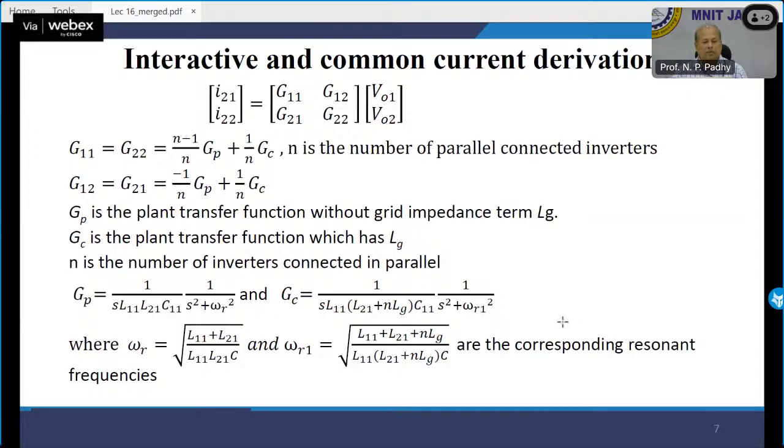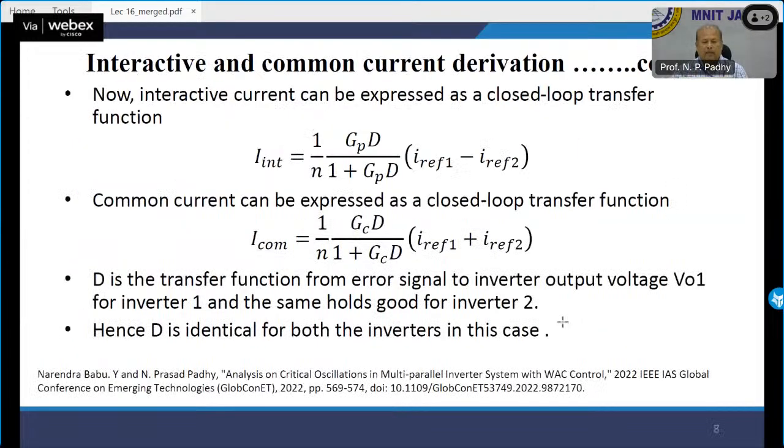Gc is the plant transfer function which has LG, and N is the number of inverters connected in parallel. Gp and Gc, all the variables, omega R, omega R1, everything has been calculated. For detailed understanding, you can refer to a classical textbook on inverter parallel operation, but this gives the philosophy that for two parallel inverters, these kinds of equations you can generate.